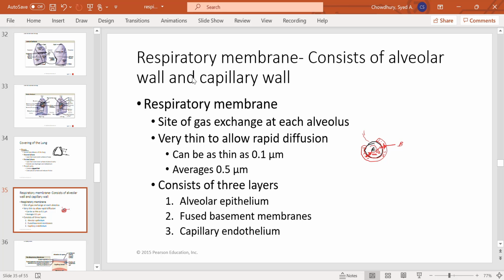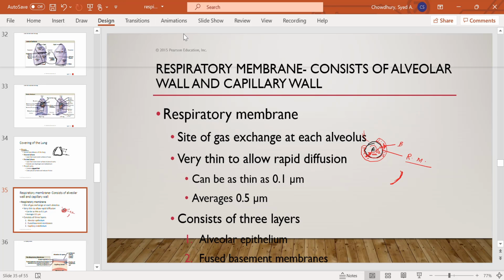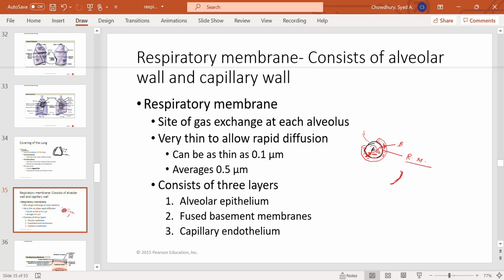Now inside the lung, this membrane through which the gas exchange takes place, that is the respiratory membrane. Make sense? So now if you look carefully, this membrane is formed by two layers. One is the capillary wall, right? And another is the alveolar wall.